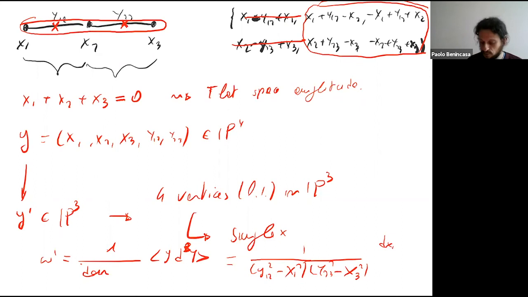Let me say just the x1, the y2, the y3, the x3.